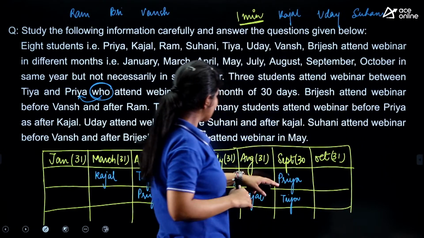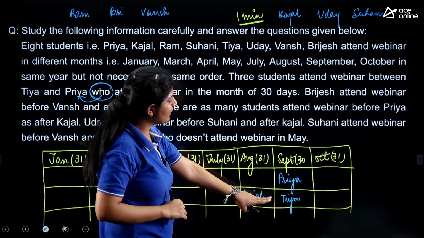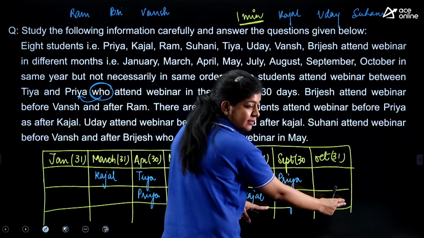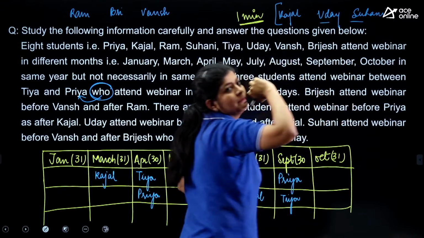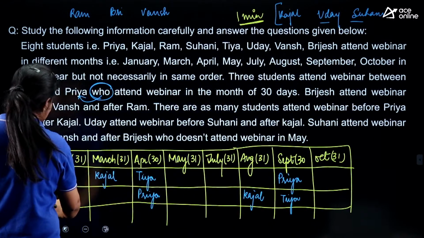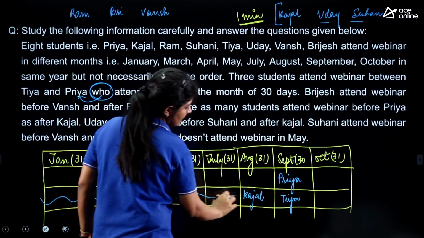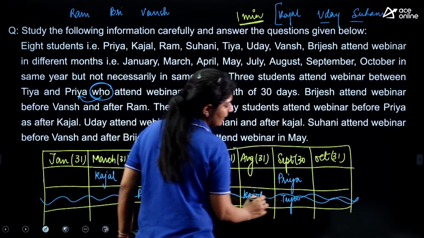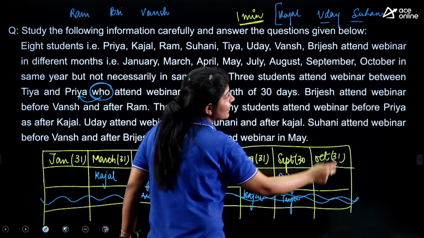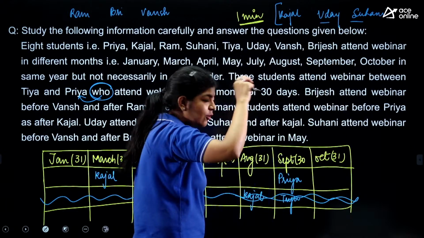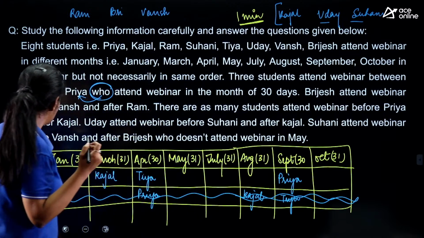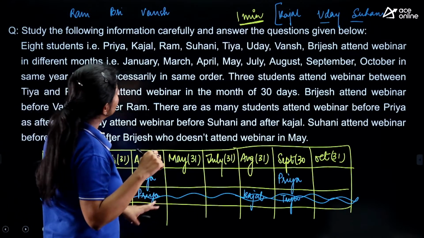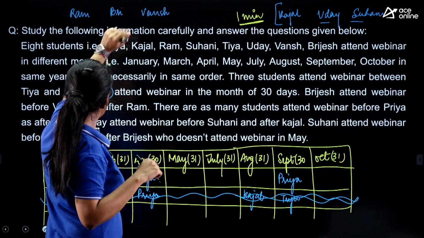So if we consider case number 2, we are left with only one space, but according to this clue, we need 2 places, right? So this case is eliminated. And why did we eliminate it? Because after Kajal, we need 2 places, but in this one, we are only left with 1, right? Okay. So we need 2 and here we need to put these as well.